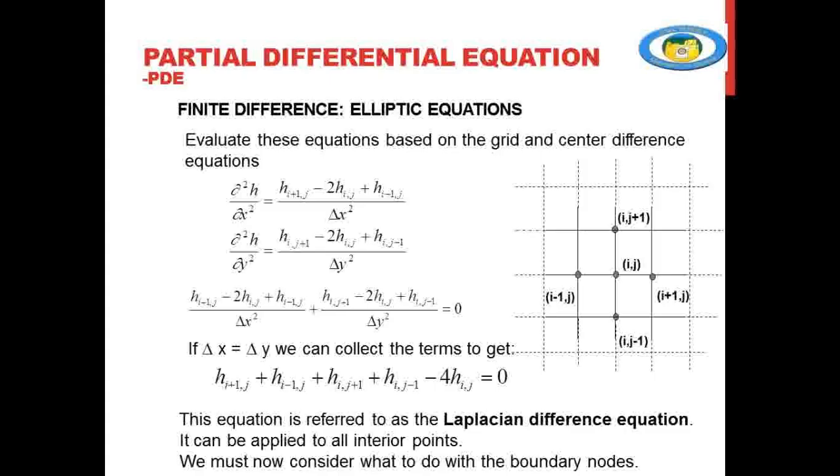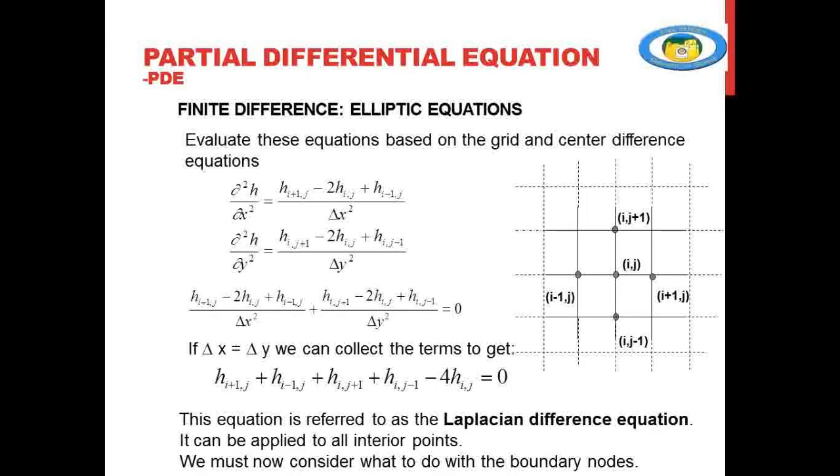And the second partial derivative of h with respect to y, this time i is constant: h at j plus 1 minus twice of h at j plus h at j minus 1, divided by delta y squared, is the finite difference representation using center difference of the second derivatives. Mind you, both of these terms are second order accurate.